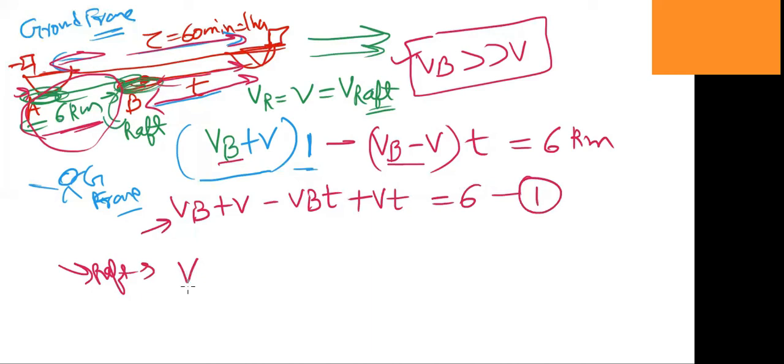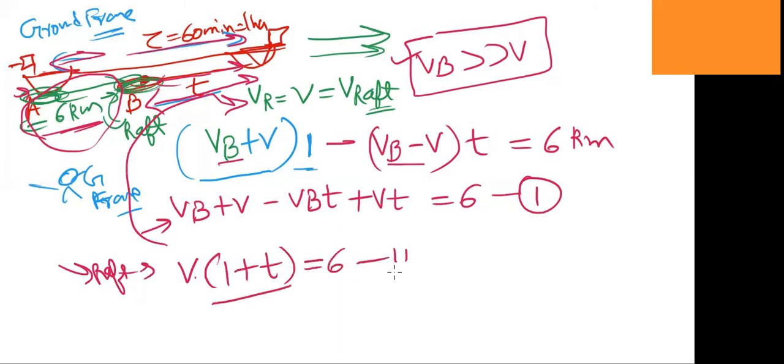So v of the raft equals v of the river, which I assumed initially. So v times the total time, which was the same for the boat, 1 hour plus t, equals 6 kilometers. This is the second equation.